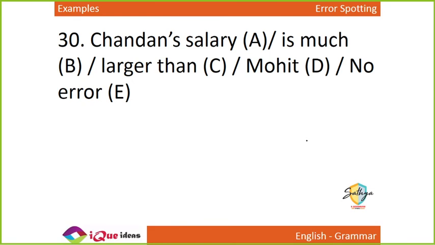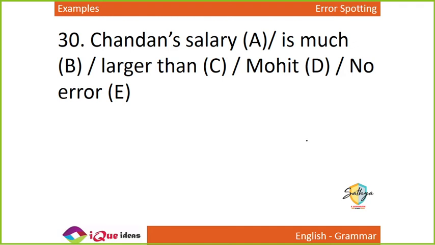Chandan's salary is much larger than Mohit. This is one of the most commonly asked type of errors in exams. Very few are getting it.